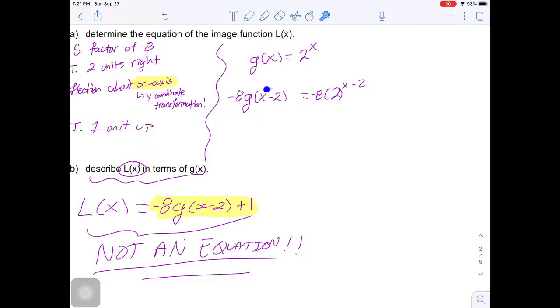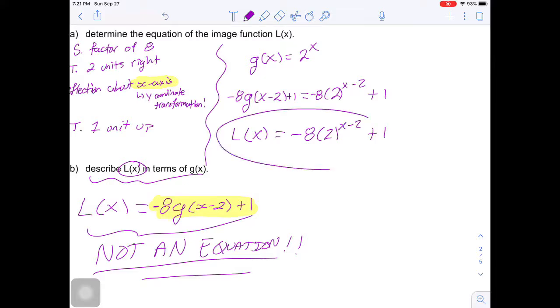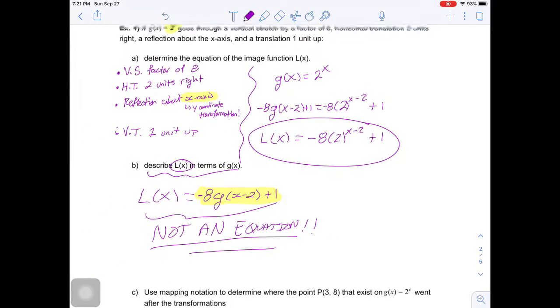And remember, this whole thing is representing negative 8 g of x minus 2, so we're going to add 1 to that. And now we've created our equation, because L of x equals negative 8 times 2 to the power of x minus 2, plus 1. So there's your new equation of L of x.